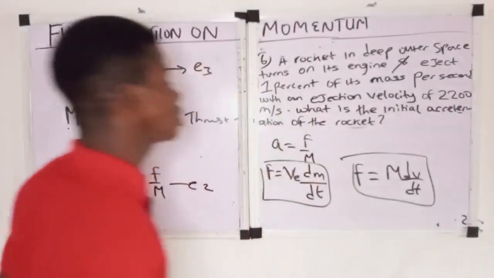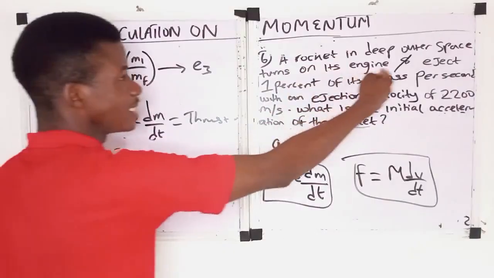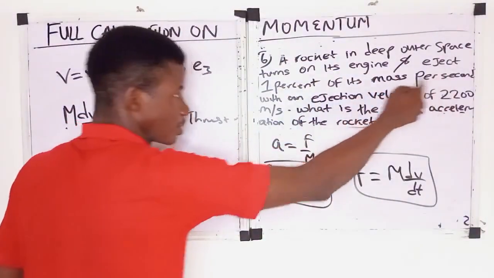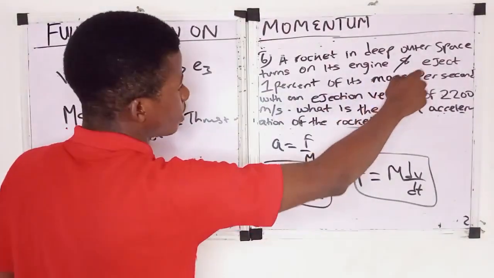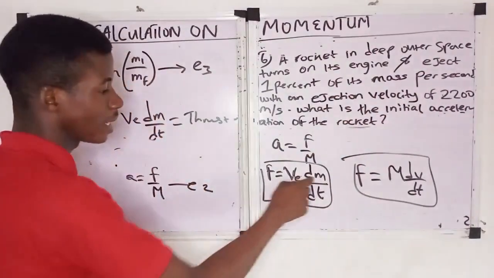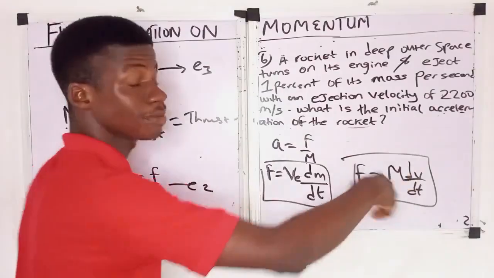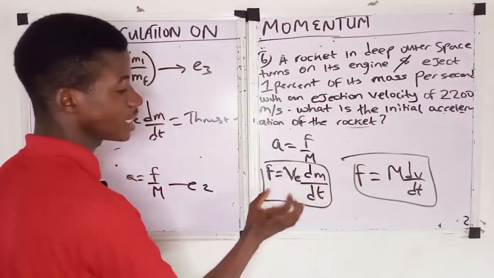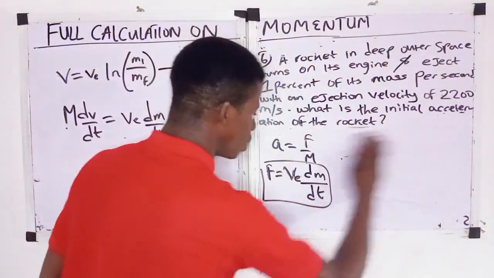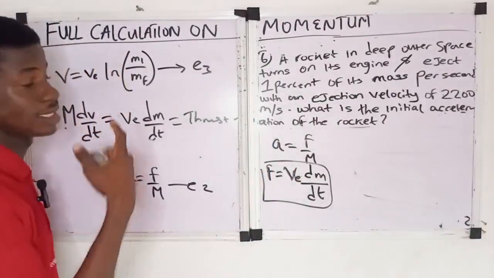In the question, the rocket ejects 1% of its mass per second. Since they gave mass per second, we use this one. Had they given velocity per second, we would use the other. Let's find the force, and once we get the force, we divide it by the mass to get the acceleration.